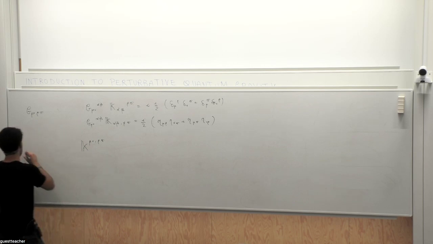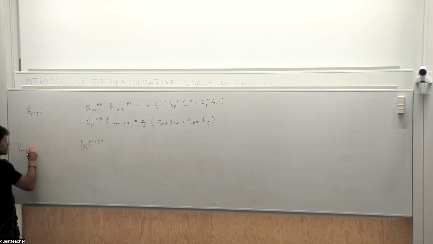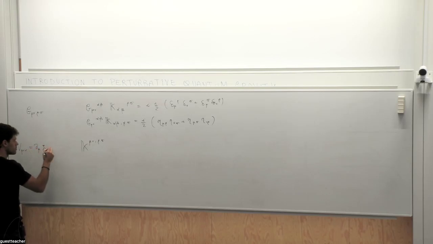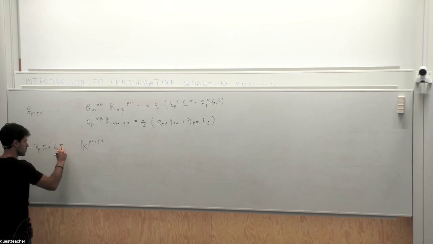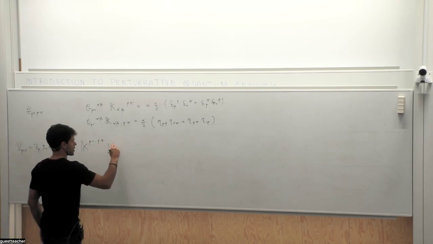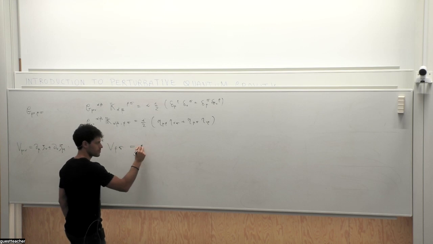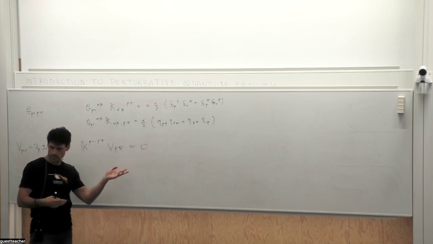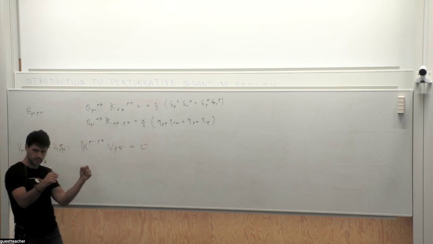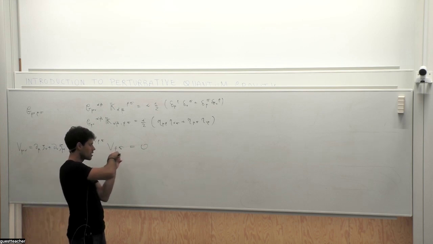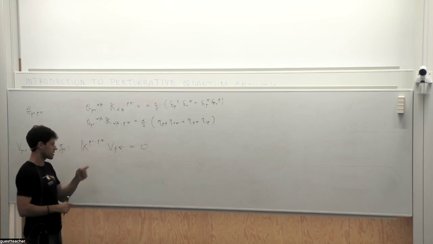Indeed, if we take a vector of this type, I call it vector because it will be the vector for this 2-index tensor, and we act on this, we get zero. And since we have a set of eigenstates with zero eigenvalue, we cannot invert this operator.